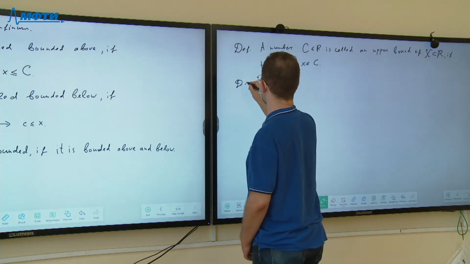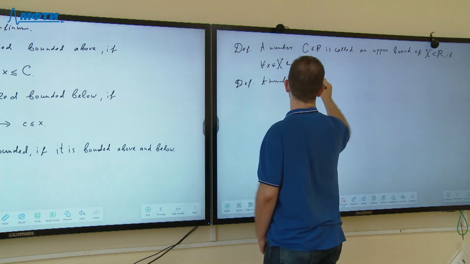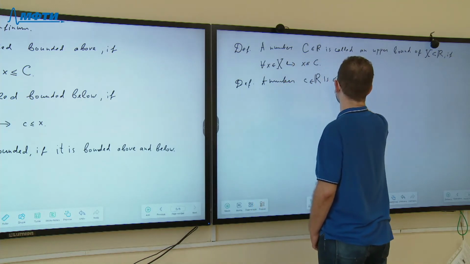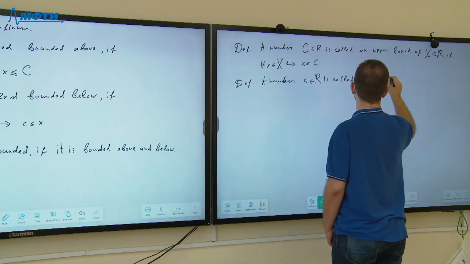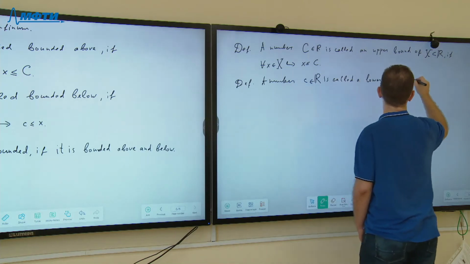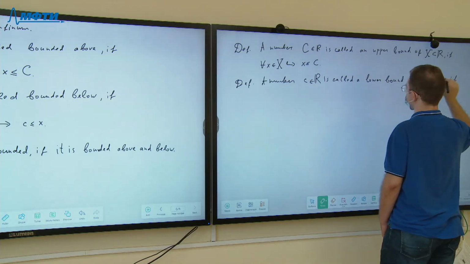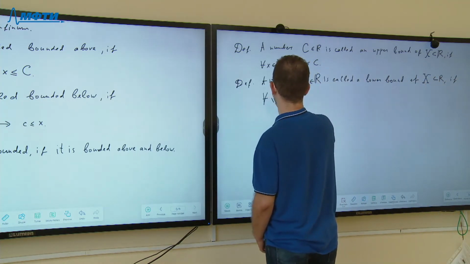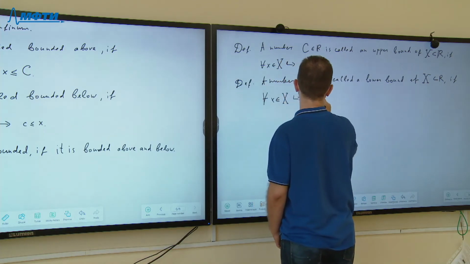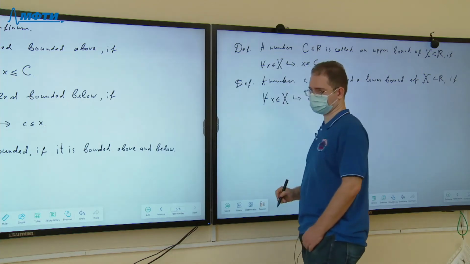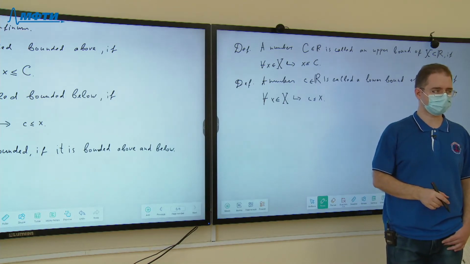Definition. A number c is called a lower bound if for any x from X, c is less than or equal to x. Simple enough so far.